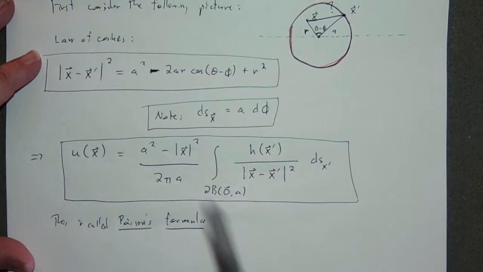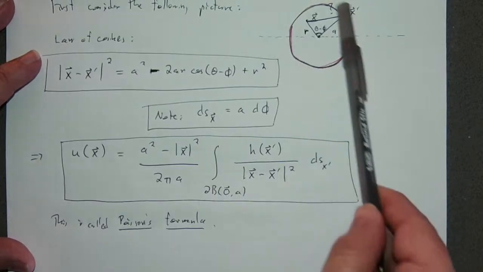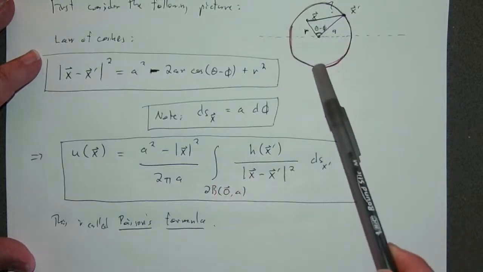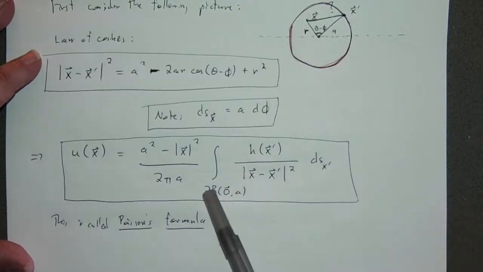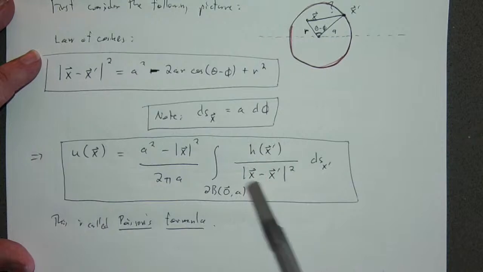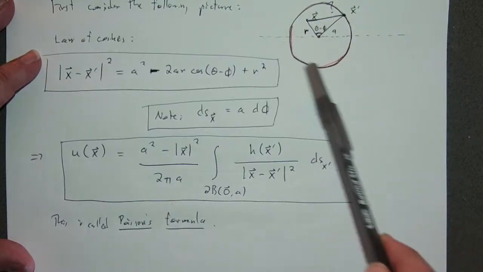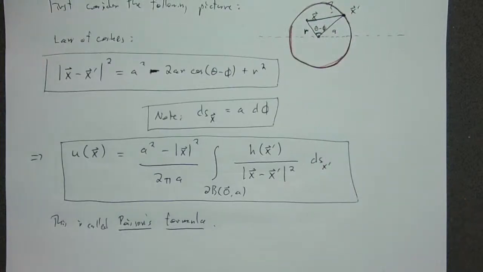How is this an average over the boundary? I have an integral over this boundary circle. The thing I'm dividing by outside, this 2 pi a, what is that? That is the circumference of this circle, the length of that boundary, and I'm dividing by that here.